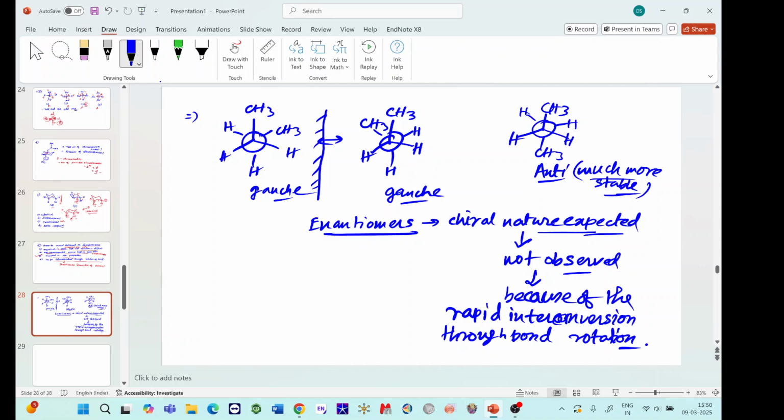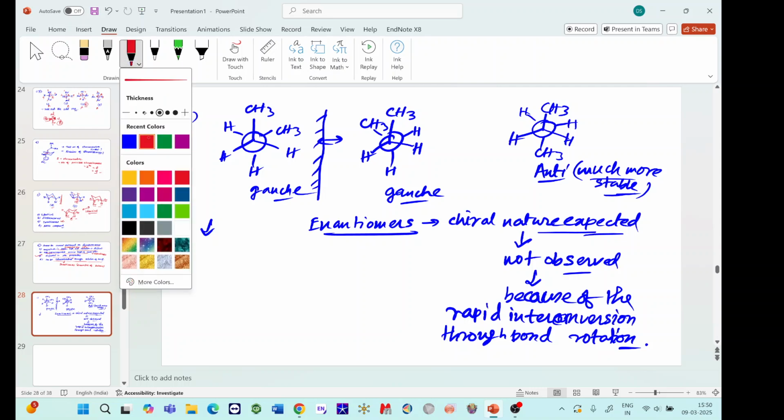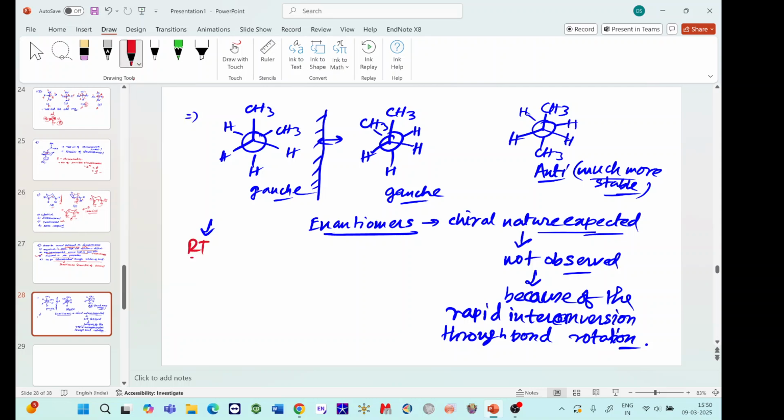So at room temperature it is not observable. But if you go to sufficiently low temperature, then you can see some effect, because at low temperature your bond rotation gets frozen. How does the bond rotate? It absorbs some microwave energy and it rotates, right?